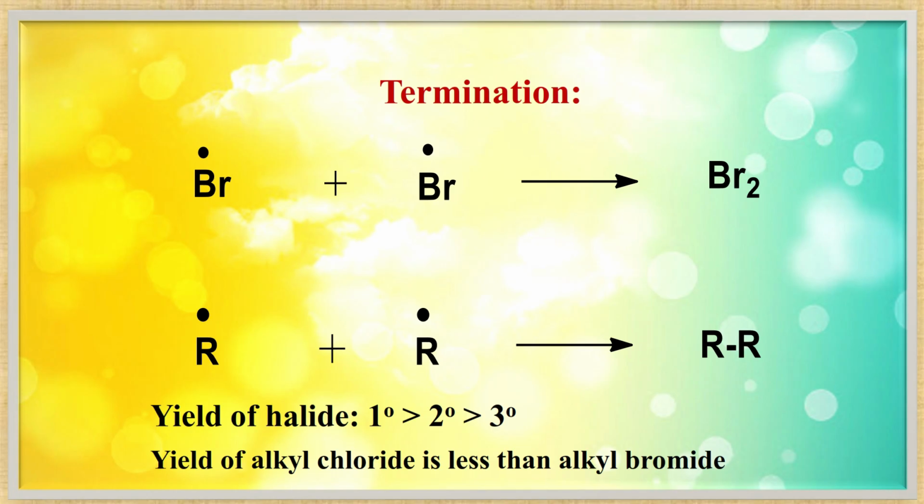Next, see the termination step. As you know, when there is a free radical reaction, there are three steps: initiation, propagation and termination. Termination means when the reaction is going to end. At that time also the free radicals recombine: Br dot combines with one more Br dot giving a Br2 molecule, or R dot combines with R dot to give you an R-R molecule. R-R means alkane.